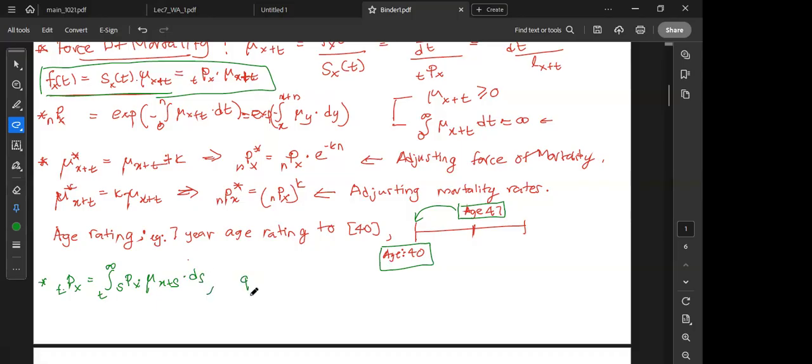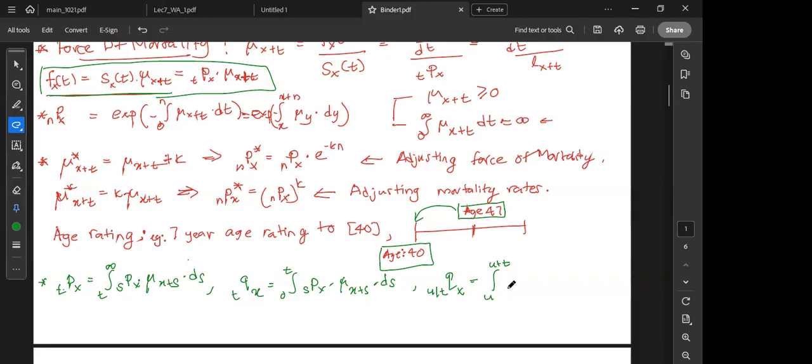And for the death probability, that means the real age is x and death occurs within the next T years. So the future lifetime goes from 0 to T, and the density of the future lifetime is p x and mu x plus s, d s. And for the deferred death probability, for a person at age x who lived for a few years and death occurs within the next T years, we integrate the density function of the future lifetime from u to u plus T. Since it is for the next T years, that means in the number line, u and then adding more T to the previous lifetime.